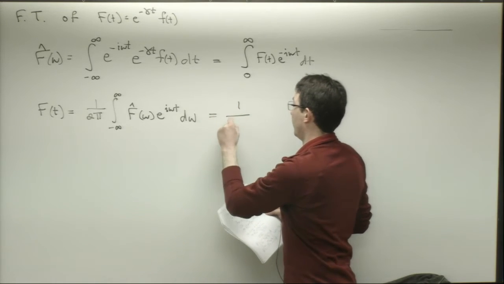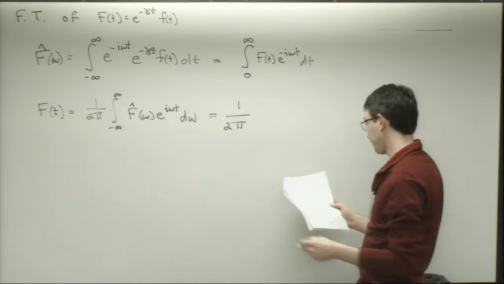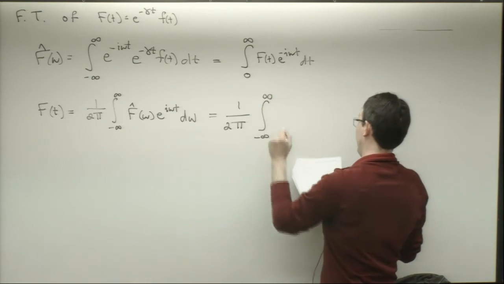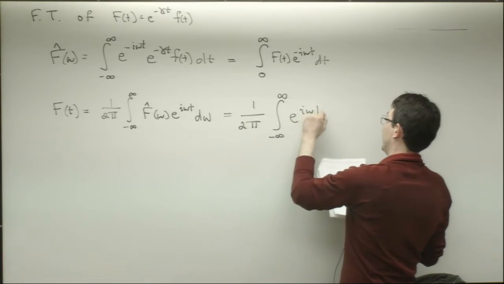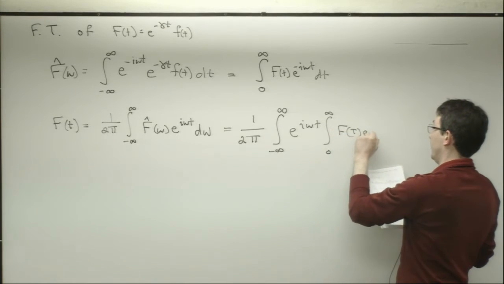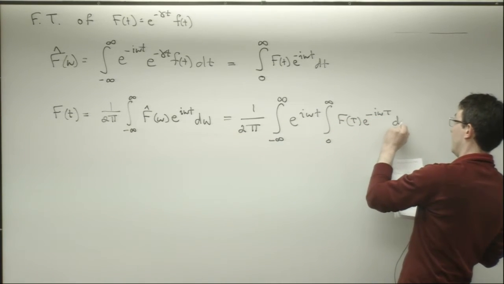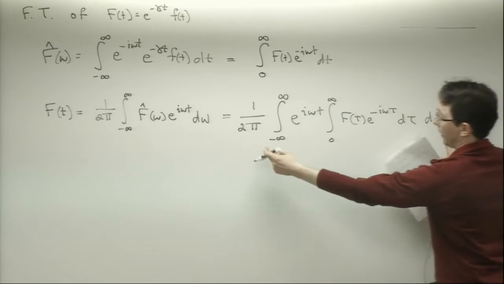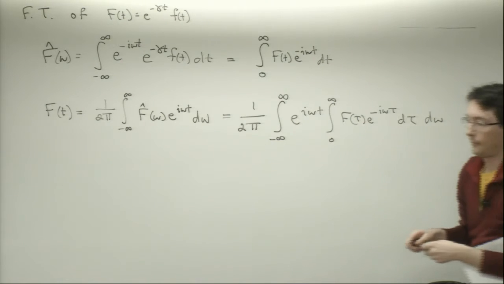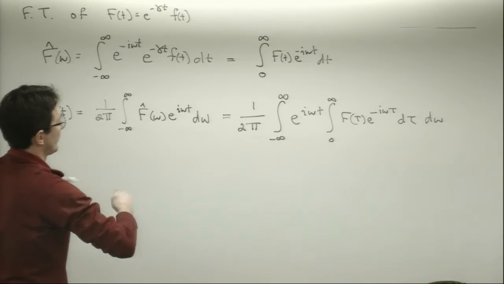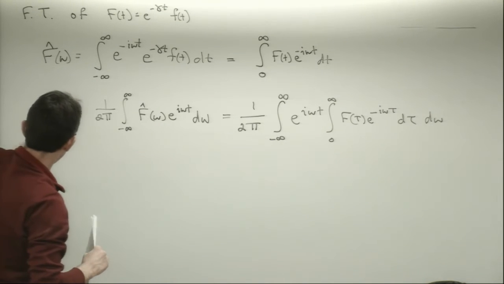So I'm going to get 1 over 2 pi times the integral from minus infinity to infinity of e to the i omega t, times the integral from 0 to infinity of f of tau e to the minus i omega tau d tau, d omega.